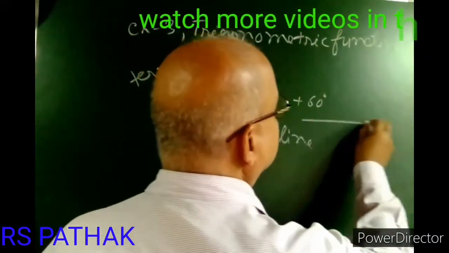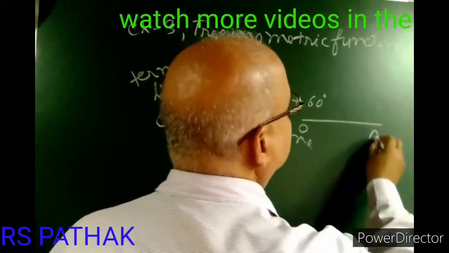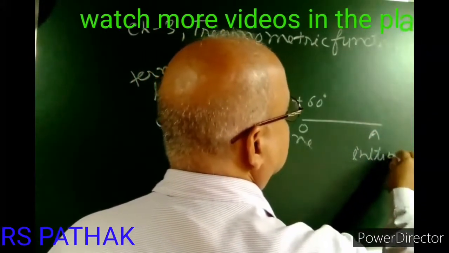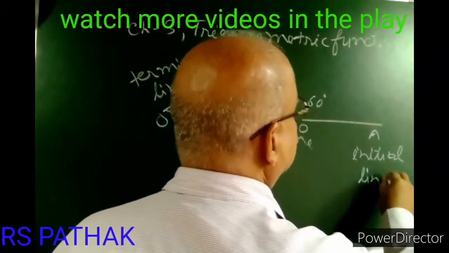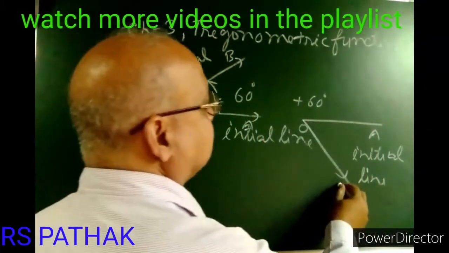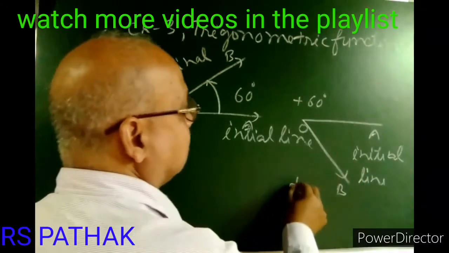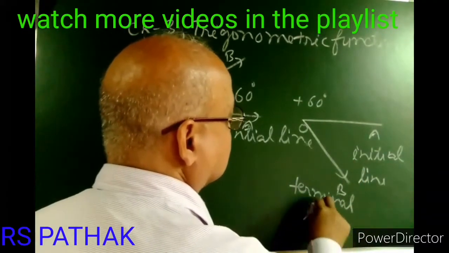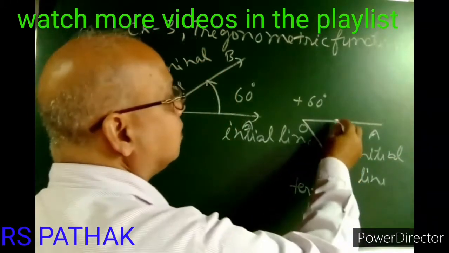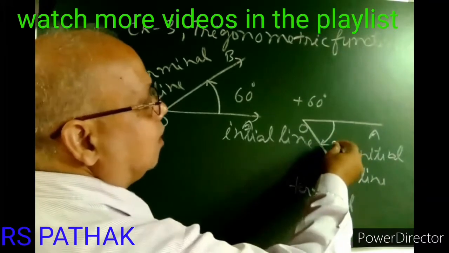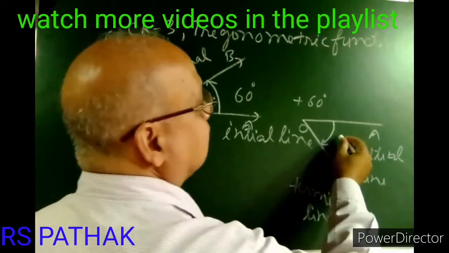Let us suppose this is another line OA. This line is the initial line and OB is the terminal line. If the angle is measured from the initial line in the downward direction, this angle will be a negative angle.